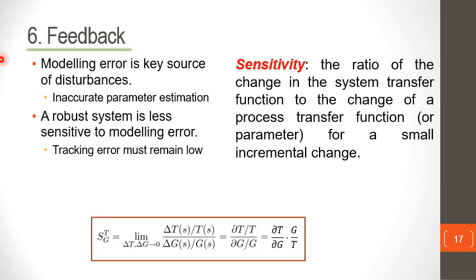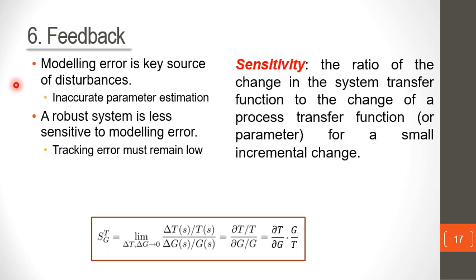Sometimes you will see that the system being controlled is affected by some modeling errors. Modeling errors can be a big source of disturbances. For instance, you could have some inaccuracy when estimating some parameter, for example when you are doing a system identification due to noisy data.